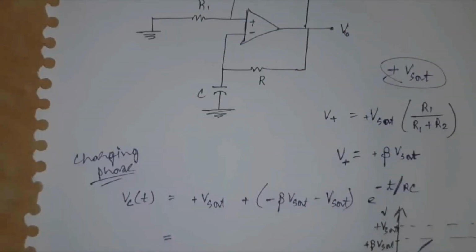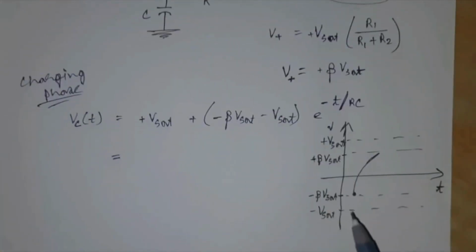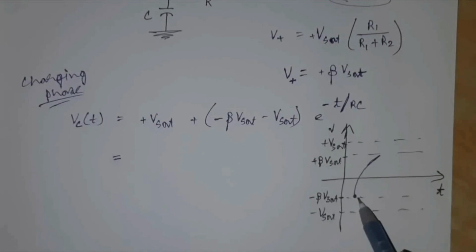Now where does this charging of this capacitor begin? For that we have to put t is equal to 0, and t equal to 0 makes this value 1, and then this Vsat cancels out with this minus Vsat, and we are left with minus beta Vsat. So that's why I have made here minus beta Vsat.